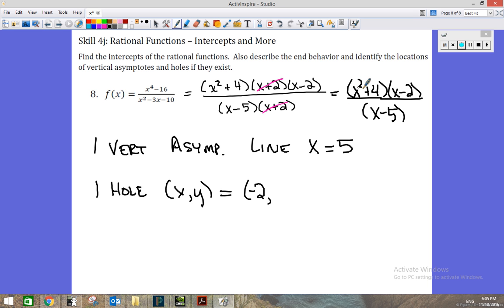Well, negative 2 squared is positive 4, and 4 plus 4 is 8. And negative 2 minus 2 is a negative 4. And negative 2 minus 5 is a negative 7. So the negatives are going to cancel, and if I haven't done any arithmetic errors, I'm getting 32 over 7 as the y coordinate for my hole here.